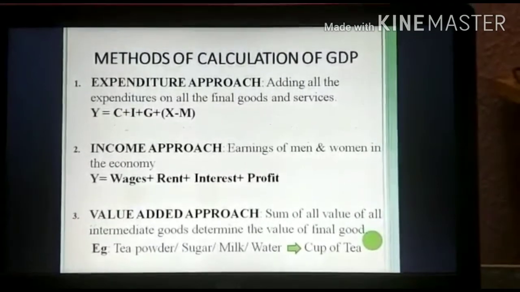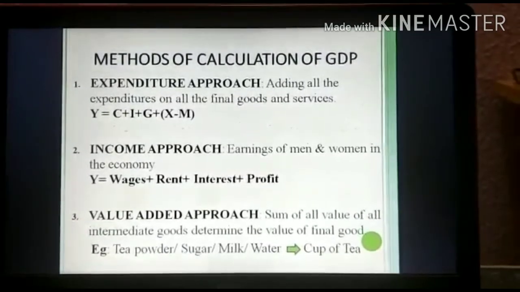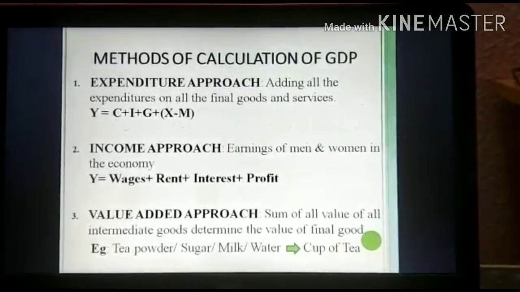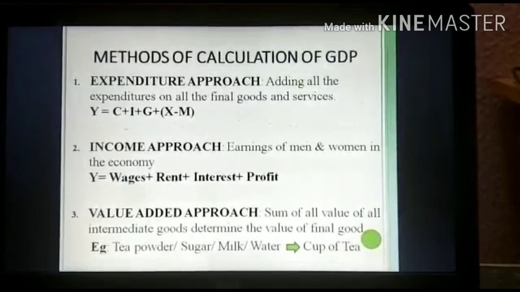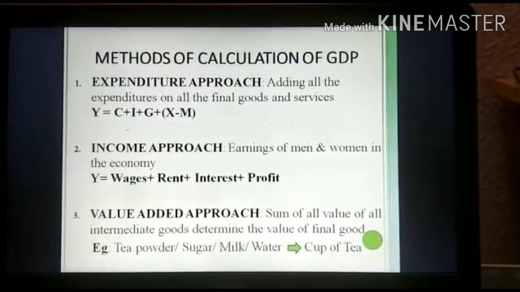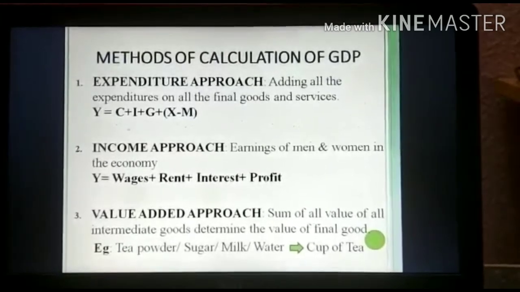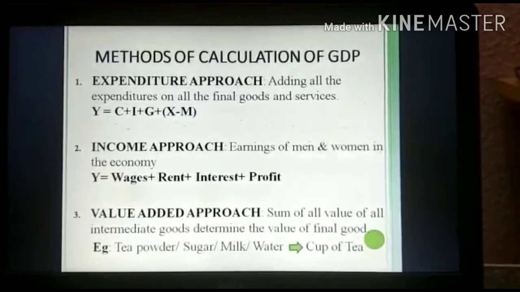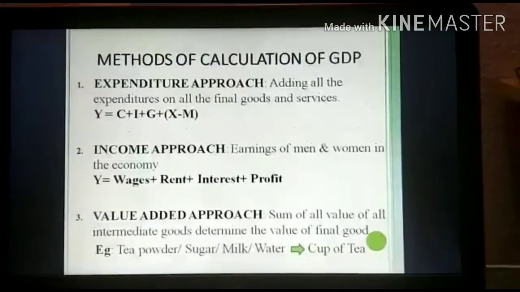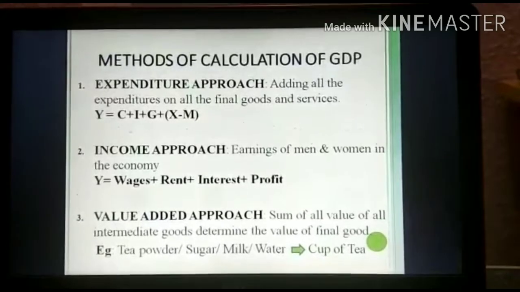The remuneration paid for these 4 factors are rent, wages, interest and profit. These are the 4 ways in which people generate income in the economy. So under this income approach, Y, meaning GDP, is equal to wages plus rent plus interest plus profit.